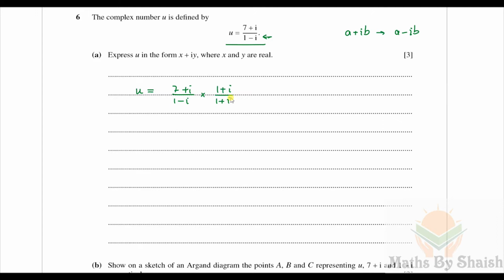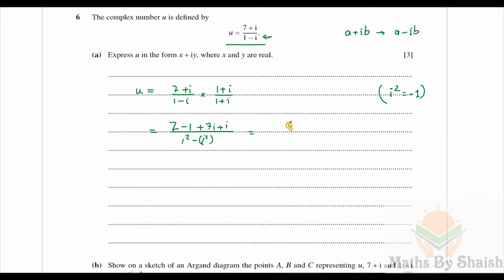multiplied by (1 plus i) over (1 plus i). Since i squared is minus 1, in the denominator we have (a minus b)(a plus b), which gives a squared minus b squared. So it becomes 1 squared minus i squared. In the numerator it is the product of these two complex numbers: 7 into 1 is 7, i into i is minus 1, 7 into i is 7i, 1 into i is i.